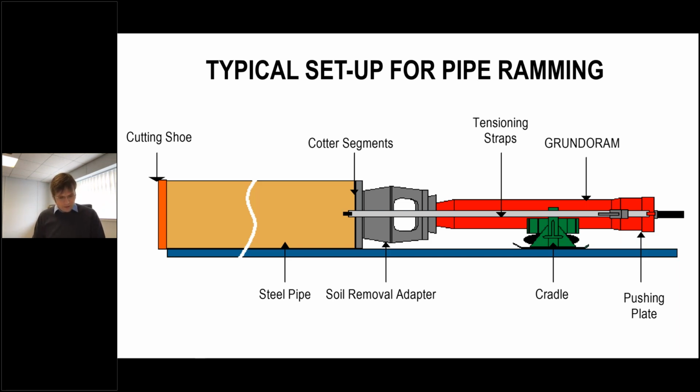It is generally good practice to then support the rammer for best line and level performance, and we generally recommend the use of cradles, which are then sitting on some kind of guidance rail.